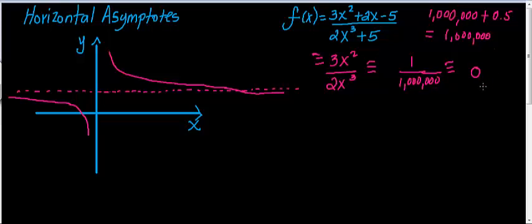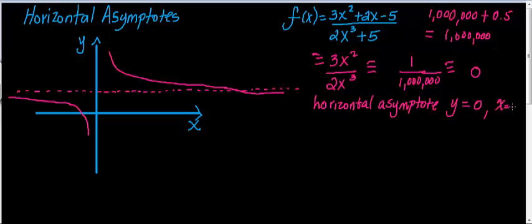That will approach 0. So whenever you have a small number over a big number, the horizontal asymptote will be your x-axis, which is your y equals 0.